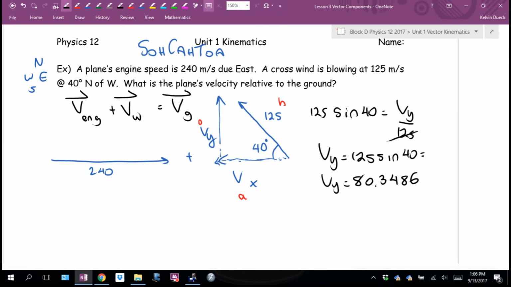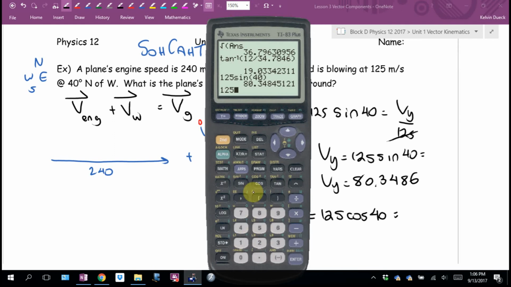Vx is going to be cos. Oh, you know what? Vx is going to be 125 cos 40 because it's the same thing but with cosine. Oh, cos 40, Mr. Duke. Oh, I could have just gone backspace and edited. That was dumb. Oh, well. And I get 95.7556.